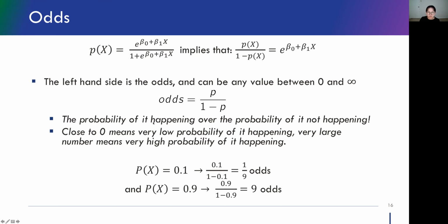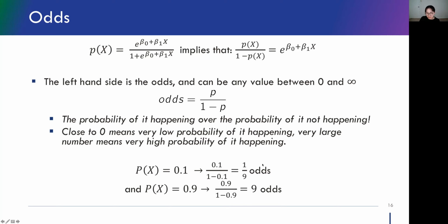So for the odds, when it's close to 0, it means very low probability of it happening. And a very large number means a very high probability of it happening. So for example here, if the probability equals 0.1, then the odds would be 1 over 9. So this is considered a really low probability of something happening. Compared to when the probability equals 0.9, then you get odds of 9. So this is a much higher probability of it happening.